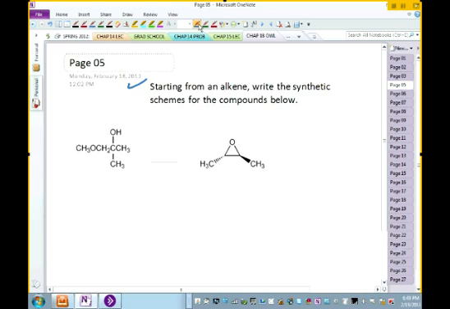Let me give you a little bit of background. Let us say synthesis of ethers and epoxides. Basically, we have 3 methods for making ethers and epoxides.